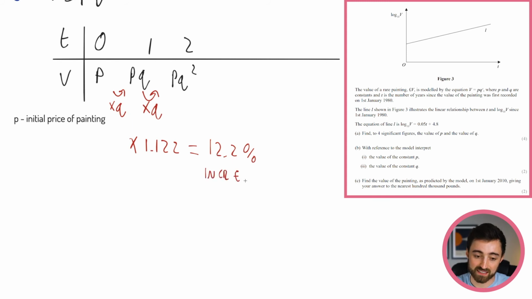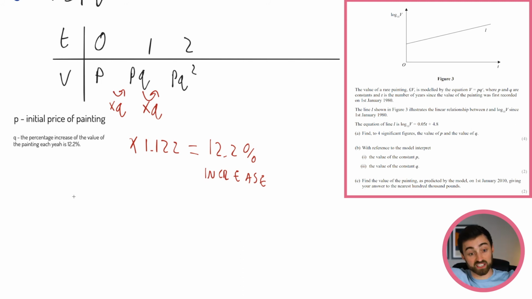So the fact that Q is 1.122 essentially corresponds to the percentage increase of the value of the painting each year being 12.2%. Because if I multiply a number by 1.122, that is essentially the same as adding 12.2% to its value. So Q is like this proportional increase and P is the initial price.